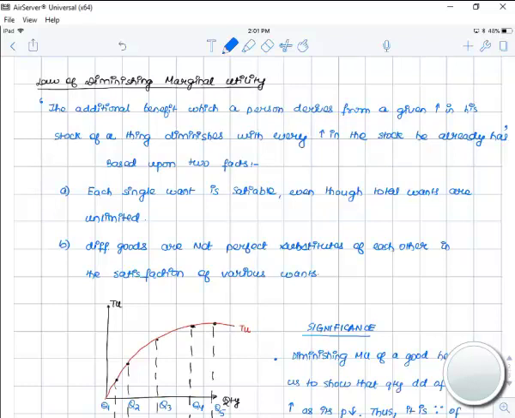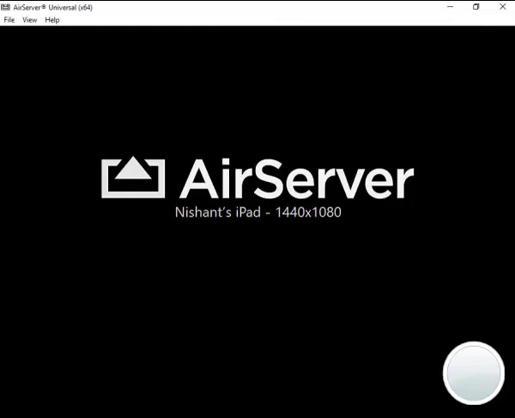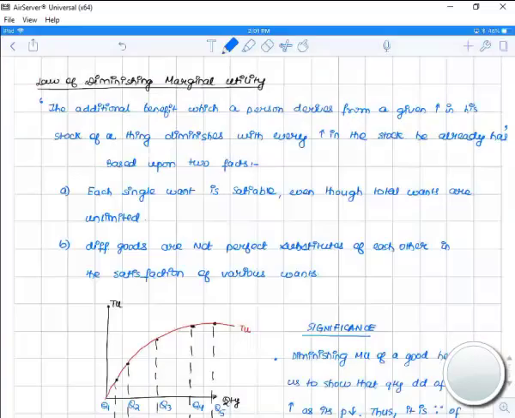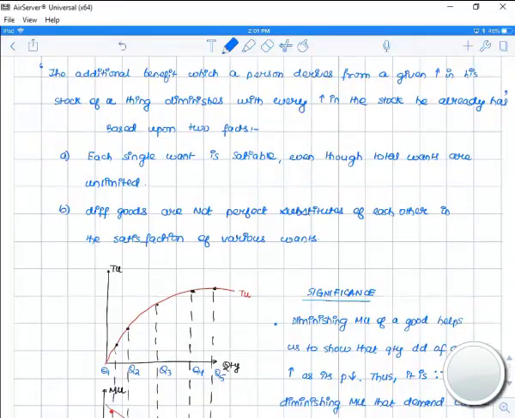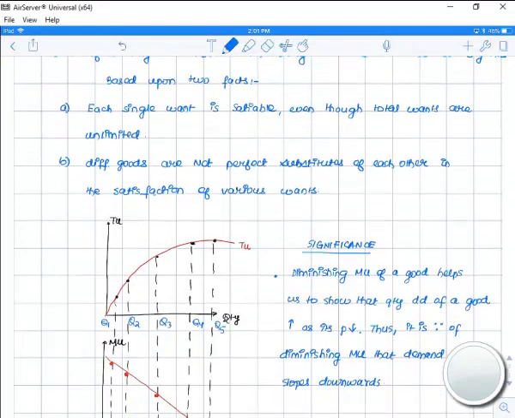One, okay, at max two. If I'm completely insane, three, right? I cannot keep on increasing my consumption of phones unnecessarily. So each single want is satiable, even though the total wants are unlimited.